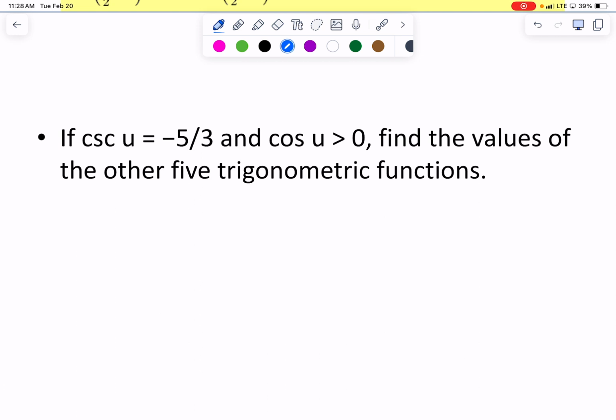Let's say U takes the place of that little weird circle. That little weird circle is theta. Anything can be put there, X, whatever. It's just always an angle if it's there. U is the variable we are using. Sometimes we use theta, sometimes X, sometimes T. It's not substituting, because I'm defining it as the variable that I am using for this problem.